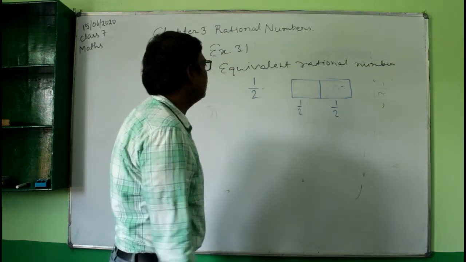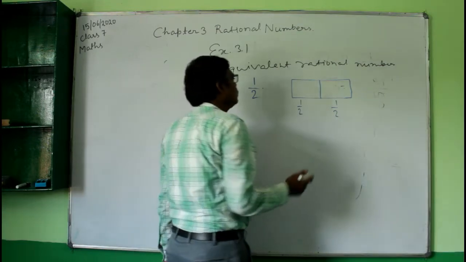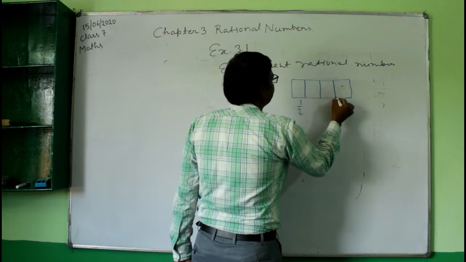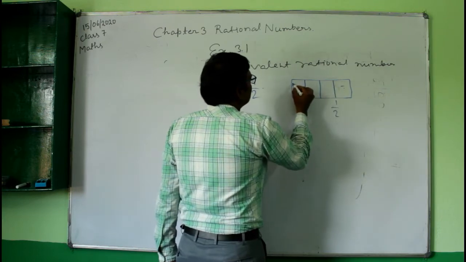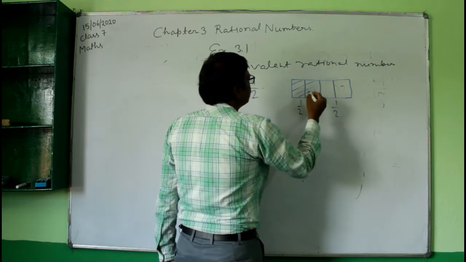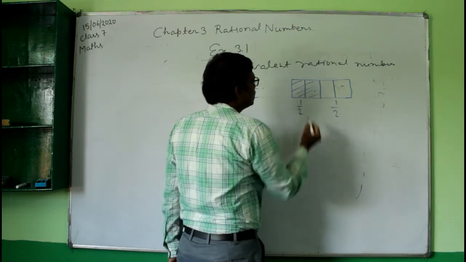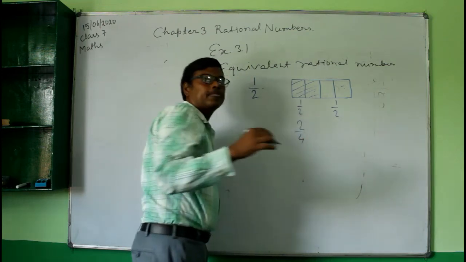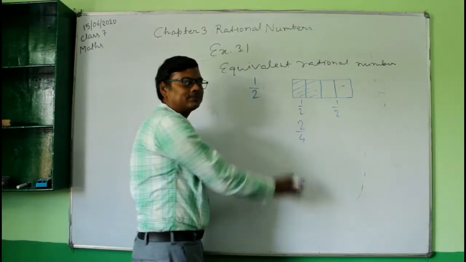Now, if you divide this same figure into 4 equal parts, and shade these two parts, then it will be called 2 by 4. This is 2 by 4.